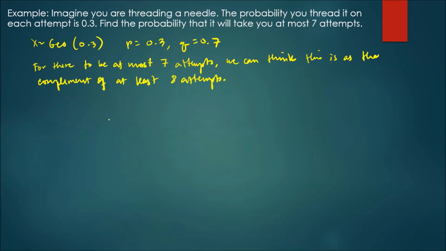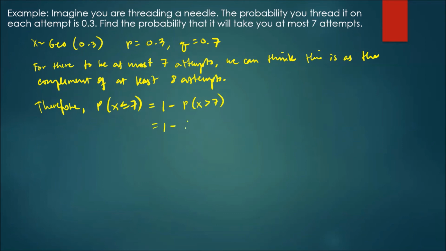Therefore, the probability that X is less than or equal to 7 is equal to the complement, that is 1 minus the probability that X is greater than 7.